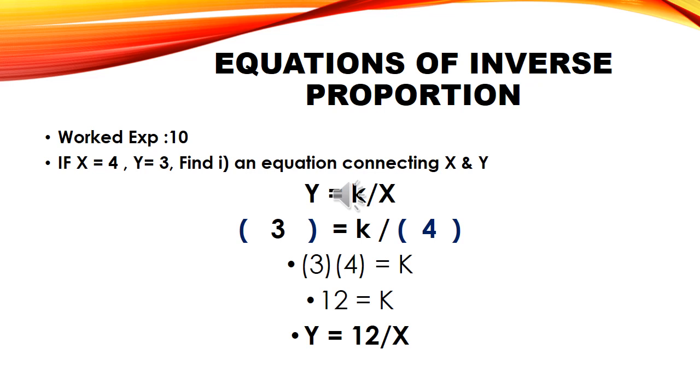So we substitute the x value and the y value in the given equation, and after solving we get the value of k, which is a constant. When we place the value of k in this equation, it connects y and x. So we write y is equal to 12 by x. Clear?